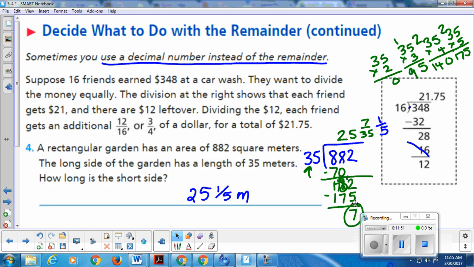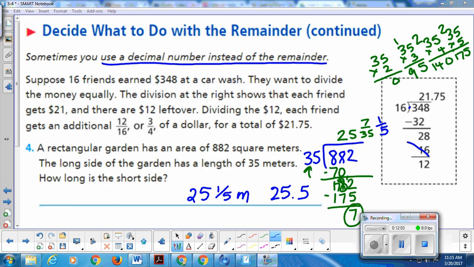Yeah, but how could we do a decimal? What would it be? 25 and 5/10. And 5/10? You think? I heard 2/10, and you would be right because you want to get this to a 10th, right? So if you have 1/5 and you want to get it to a 10th, what do you have to do? Times 2.